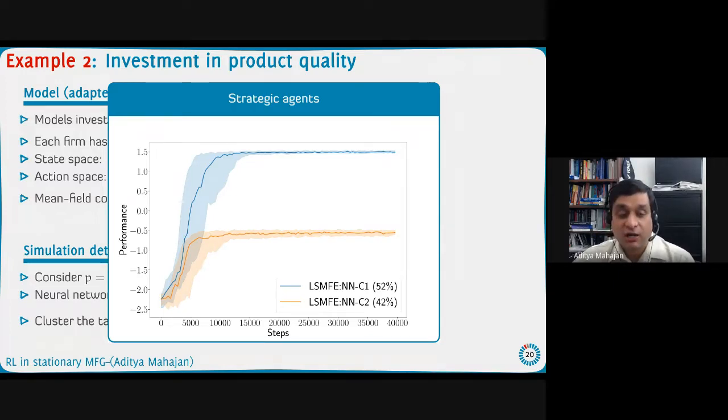The talk that I gave is based on a paper which appeared in 2019. So we had worked on it in 2018. And since then, there have been a lot of advances in the mean field games literature in terms of reinforcement learning.